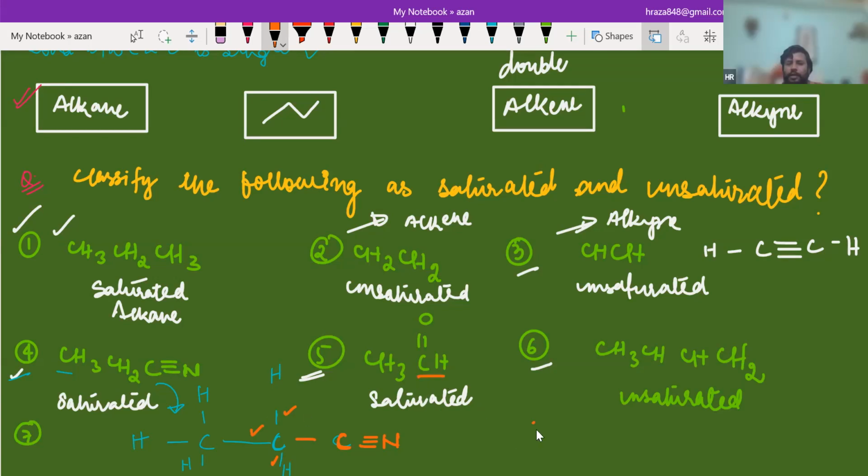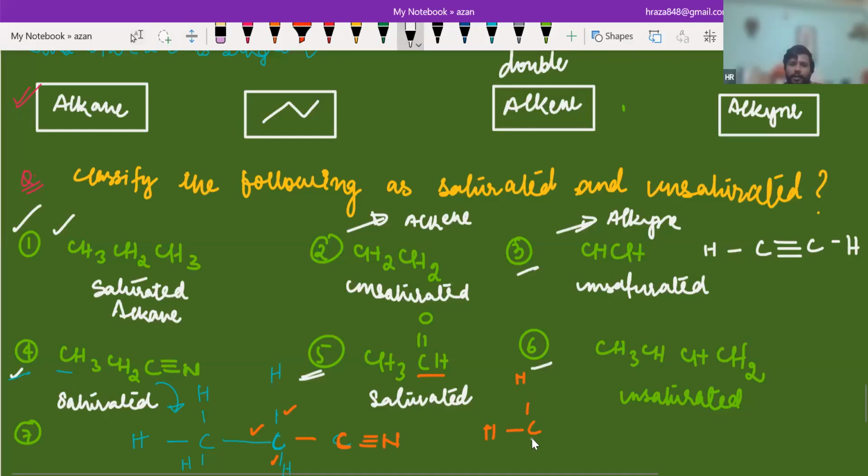In this way, you can see this carbon has three hydrogens, and there is another hydrogen. Wait a minute, I'm just sharing. Can you see the screen? Yes, sir.